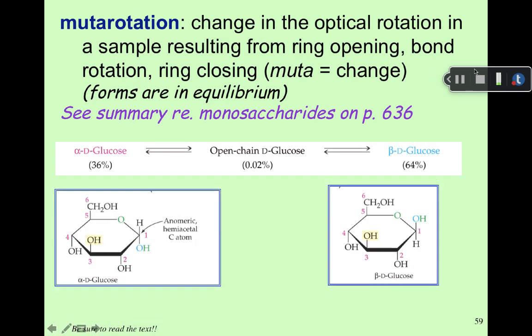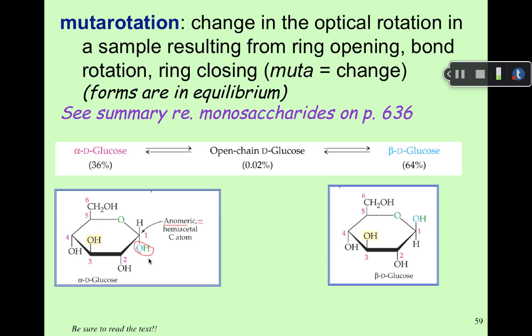All right, so with glucose, as I said, most of it is the beta form and very, very little in the alpha form. Remember that alpha and beta designation is based on the orientation of the OH group, the alcohol hydroxyl group, on carbon number 1, the anomeric, aka hemiacetal, same thing, carbon atom, the one that was previously a carbonyl.